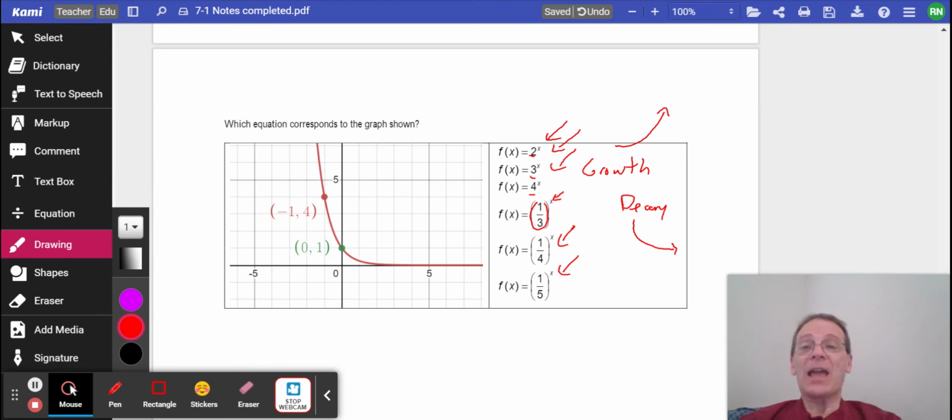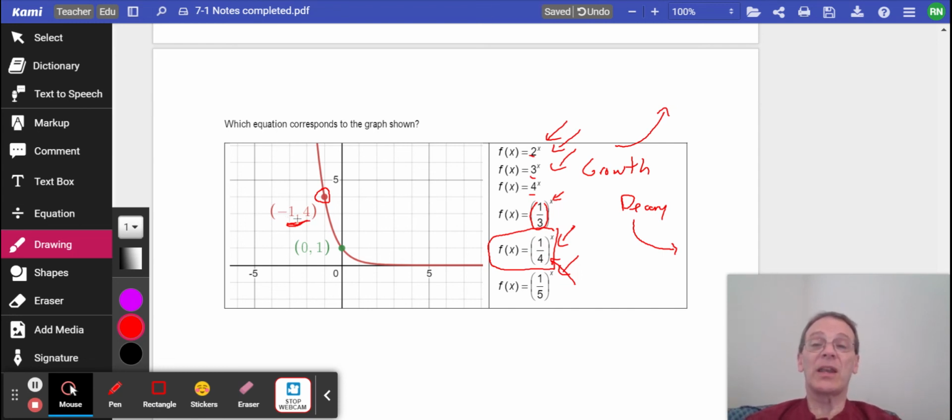Okay. But I have given you a clue here by giving you the coordinates of one very specific point also on this function. So we could plug the coordinates of this point into these functions and see which one makes them true. You probably have a suspicion that it is this function here because of the 4 there and the 4 there, but let's try it.